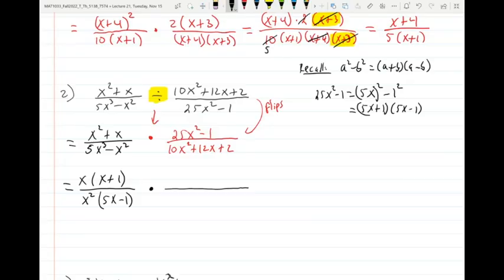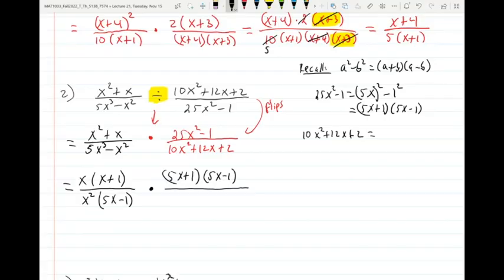Okay, so we got that, so let's put it here. That's 5x plus 1, 5x minus 1. Okay, so now we need to deal with the other one. So the other one is 10x squared plus 12x plus 2. What can we do here? Before that, what's the first thing that you should always do?